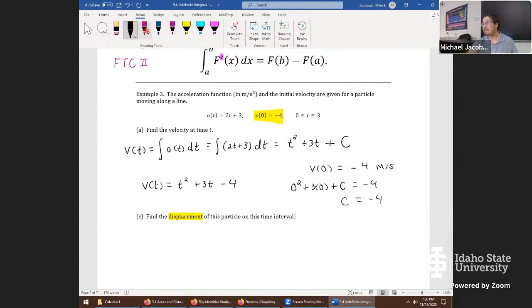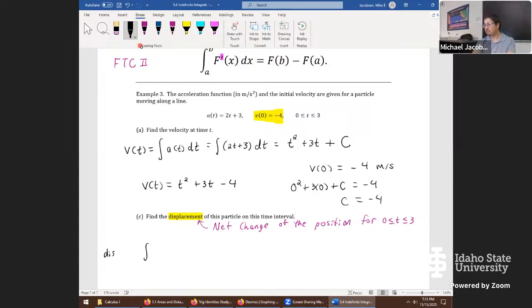So think of displacement as net change of the position for the time interval 0 less than or equal to t less than or equal to 3. So all we need to do is evaluate.